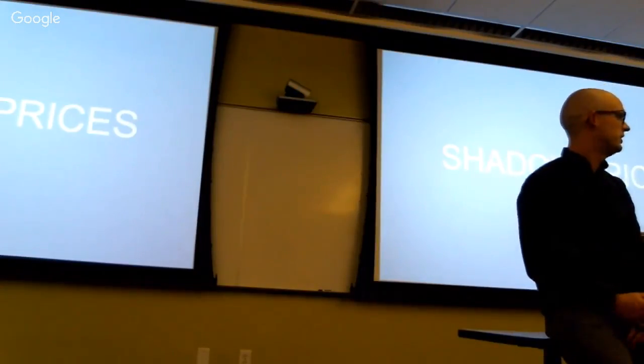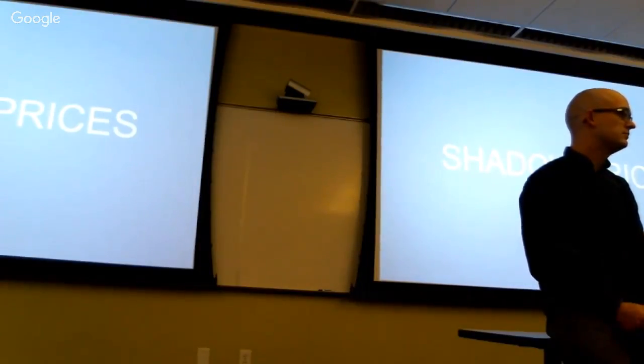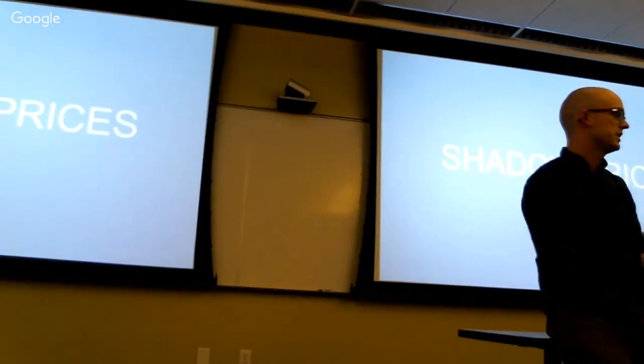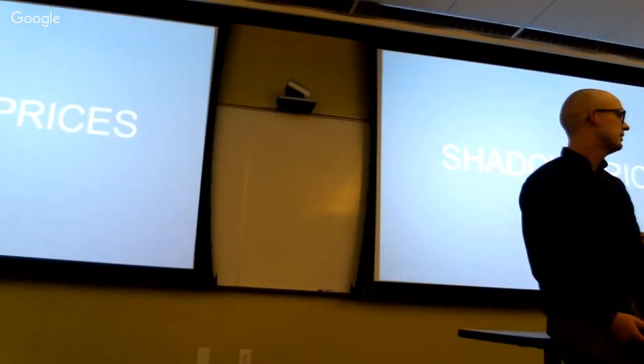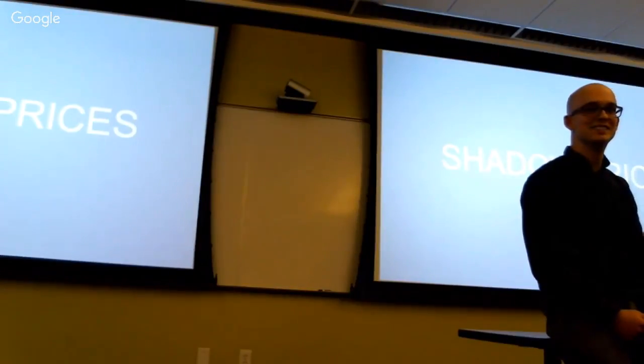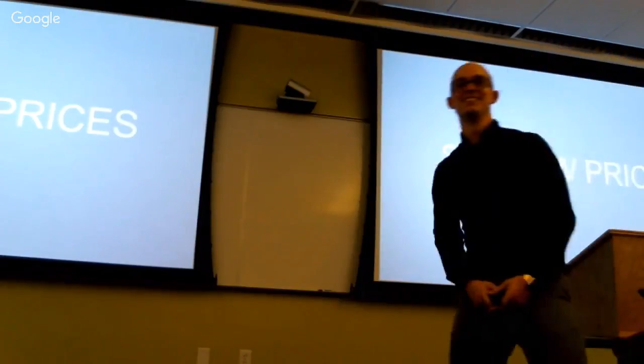Can you guys think of any examples of something that might have a shadow price? Well, for example, like travel delay. Exactly. What does that cost the economy? Cyber Monday. What about it?